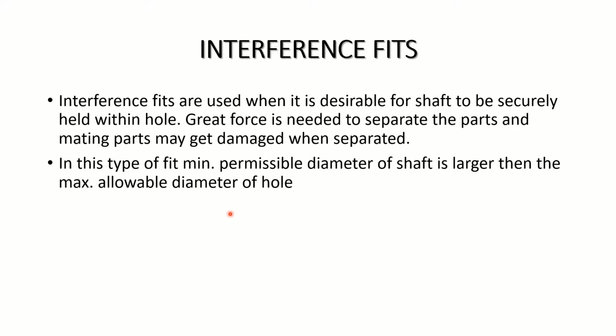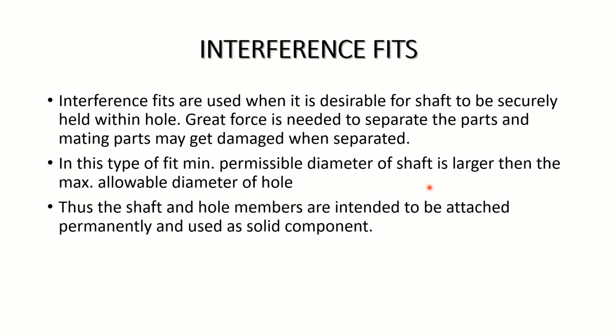maximum diameter of the hole. It is used for components where motion power has to be transmitted. Thus, shaft and hole members are intended to be attached permanently and used as a solid component. As I have said, these types of fits are required when a solid component has to be made.